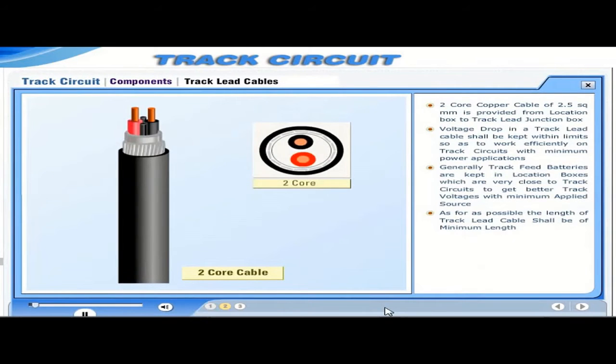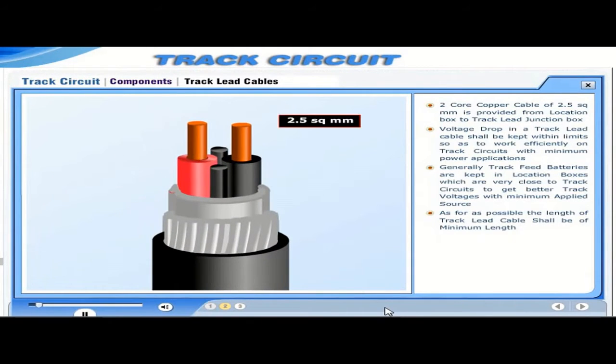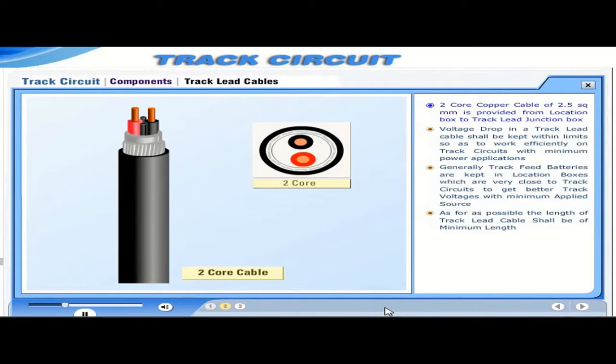Track lead cables. 2 core copper cable of 2.5 square millimeter is provided from location box to track lead junction box. Voltage drop in a track lead cable shall be kept within limits so as to work efficiently on track circuits with minimum power application.